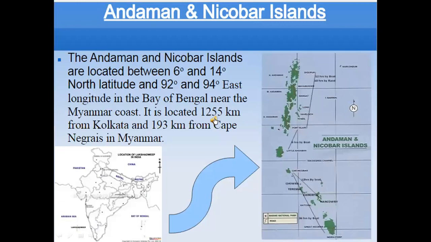Now you see the elongated chain of islands located in the Bay of Bengal, extending from north to south. These are the Andaman and Nicobar Islands. They are bigger in size and are more numerous and scattered. The entire group of islands is divided into two broad categories, the Andaman in the north and the Nicobar in the south.